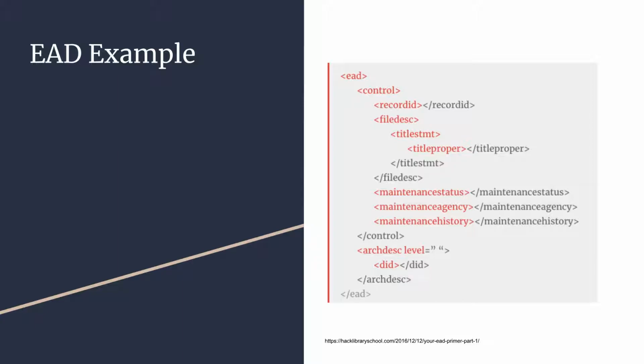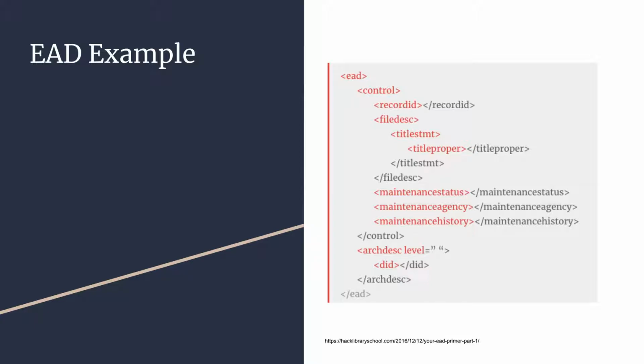The next element is ARCHDESC, or Archival Description. This will hold information about the actual archival materials. Archival description always contains the DID, or descriptive identification element.